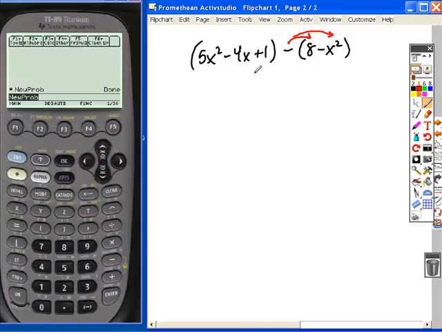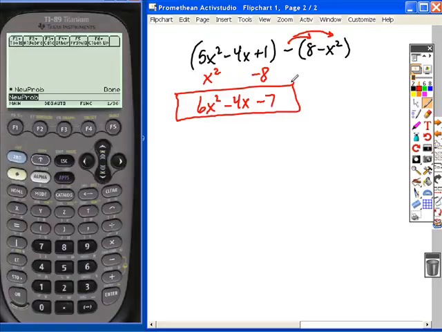We distribute our negative, we get a minus 8, so I'll write that beneath the constant. And a positive x squared, I'll write that beneath the, again, second degree term. And now if we just combine straight down the column, we would get our answer of 6x squared minus 4x minus 7. And this would be our expression.